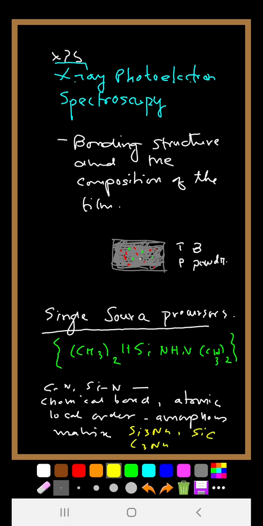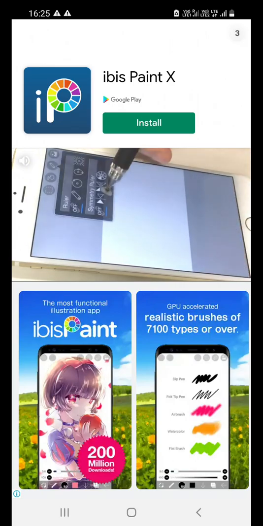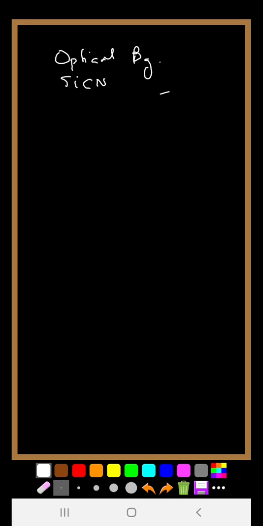So the chemical order in the amorphous matrix is quite complicated, and the optical band gap of SiCN, as we have seen, has been found to be between 2 and 4.7 electron volts.